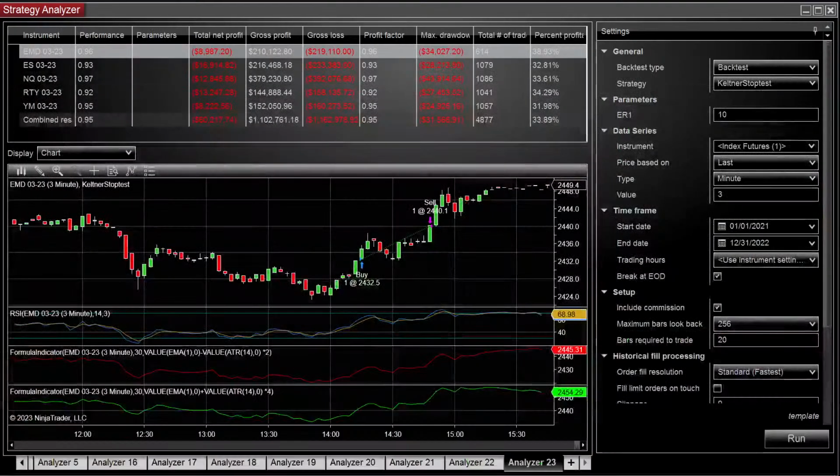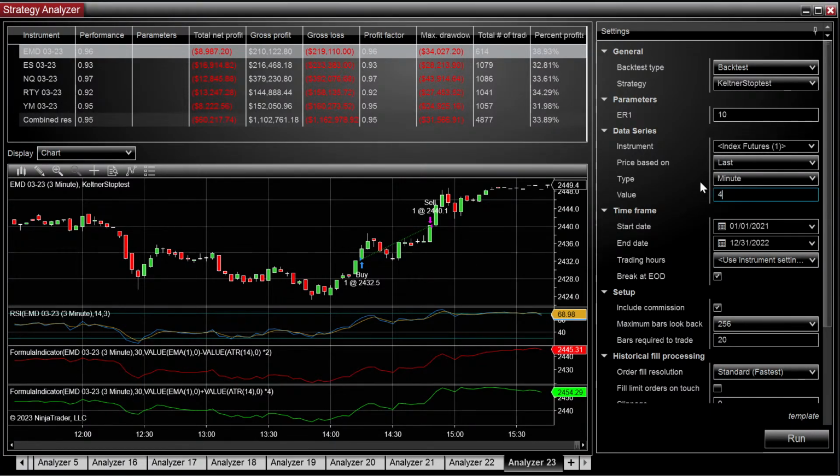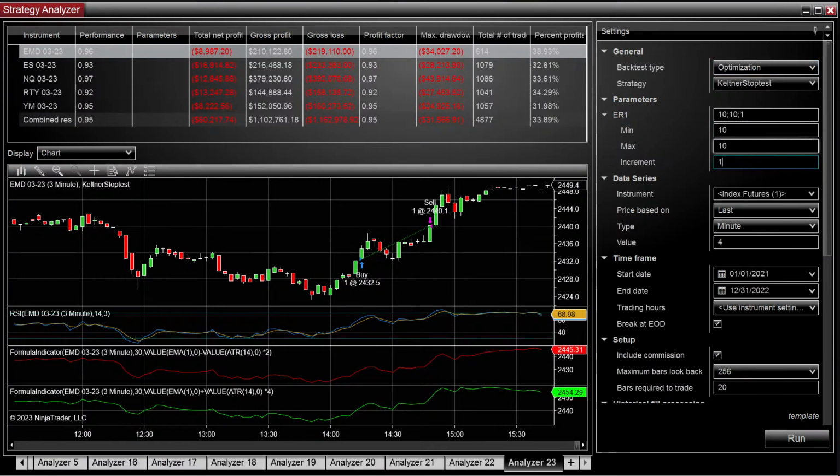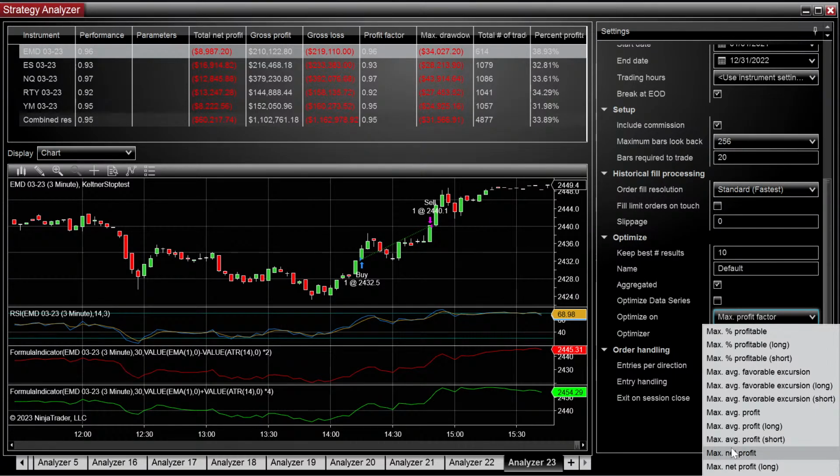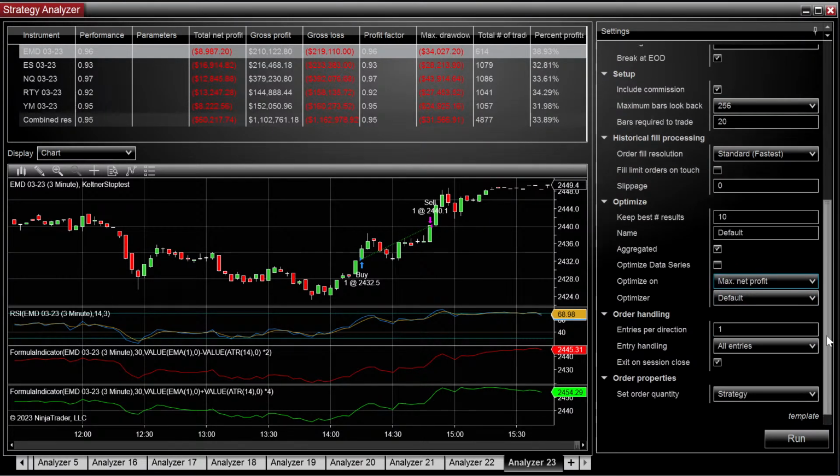And let's go back to the analyzer. Let's see if maybe we can make some money somewhere. I'm going to go to optimize. I'm just going to do 10 iterations, same as the last time, no more than 10. Aggregate max net profit.